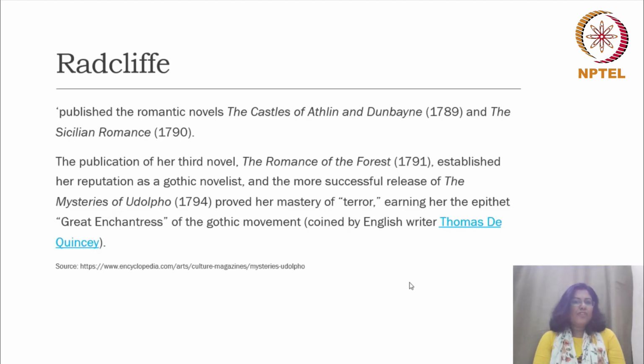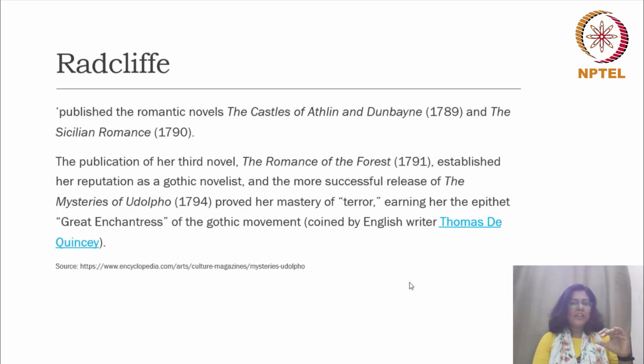Radcliffe, we need to remember, published romantic novels such as The Castles of Athlin and Dunbayne, published in 1789, and The Sicilian Romance, 1790. It is for the publication of her third novel, The Romance of the Forest, published in 1791, which established her as a Gothic novelist.